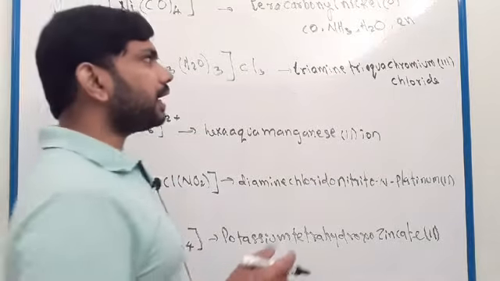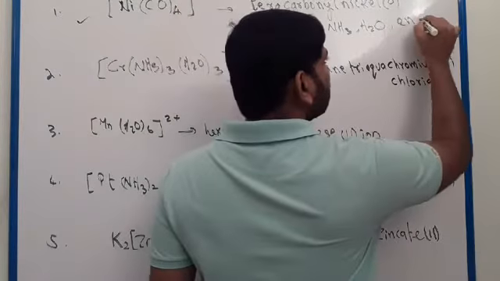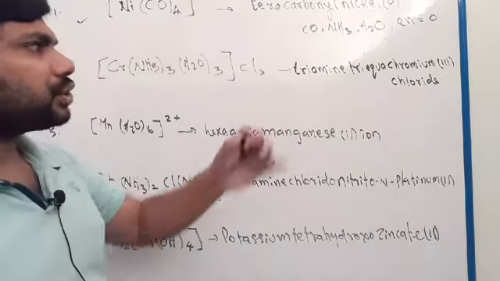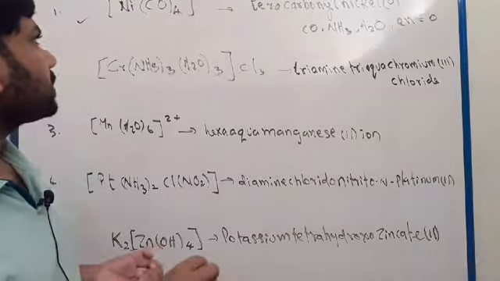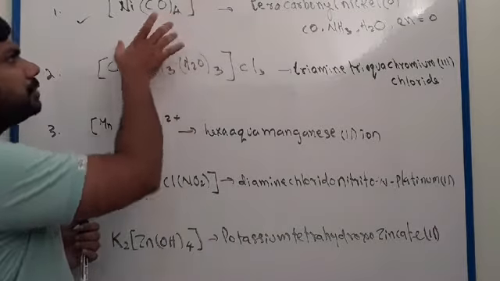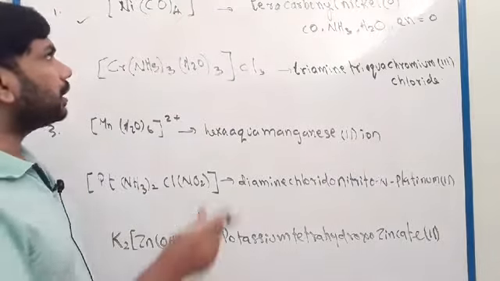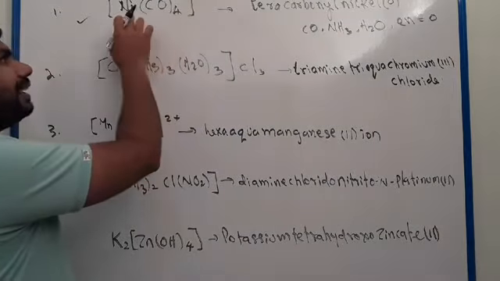This type of ligands, their charge is 0. Remember this, they have charge 0. So let us name this one. Here 4 carbonyl, so here tetracarbonylnickel.